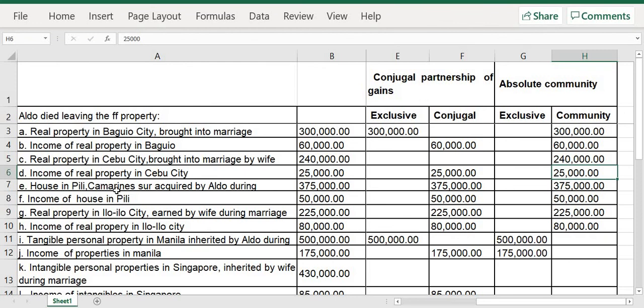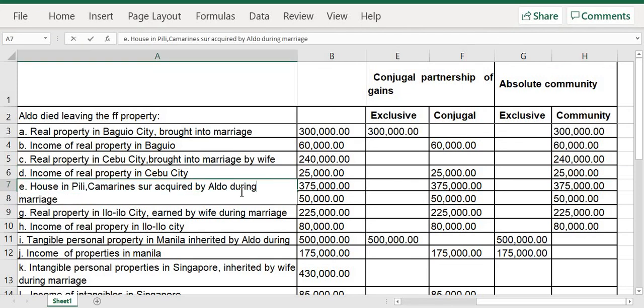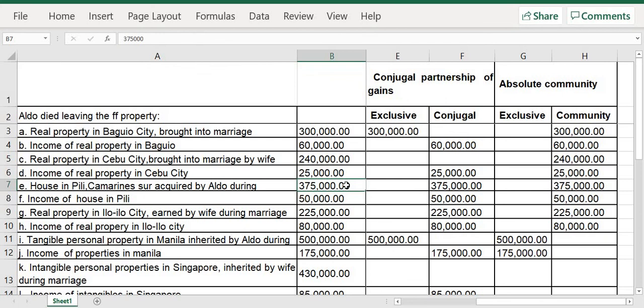Letter E. House in Pili, Camarines Sur, acquired by Aldo during marriage. So, meron daw bahay na inacquire si Aldo during marriage nila. Worth 375,000.